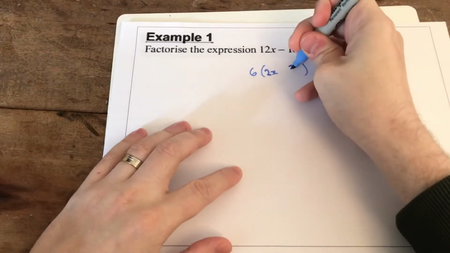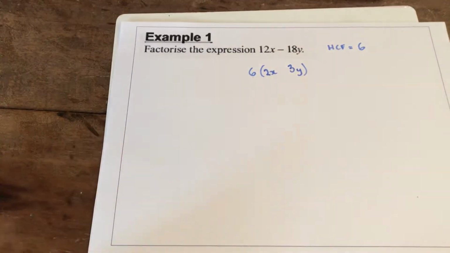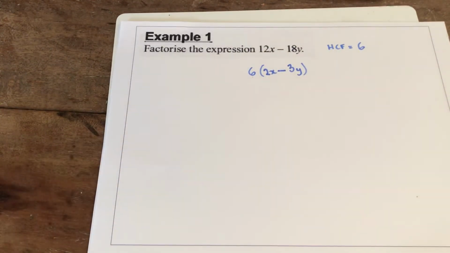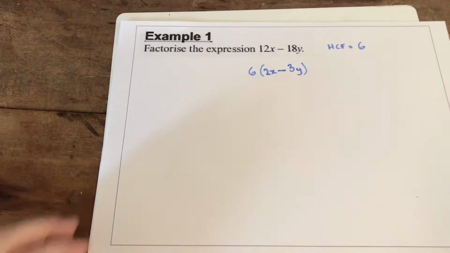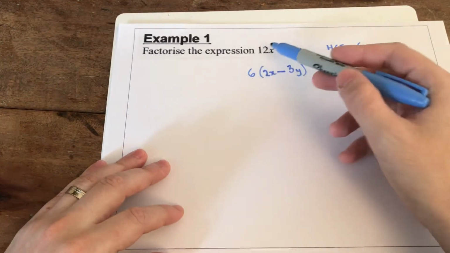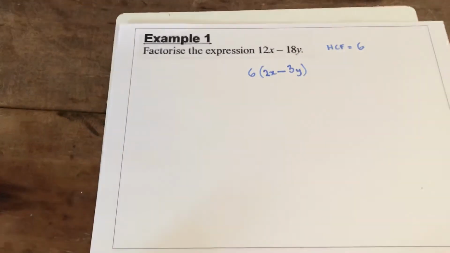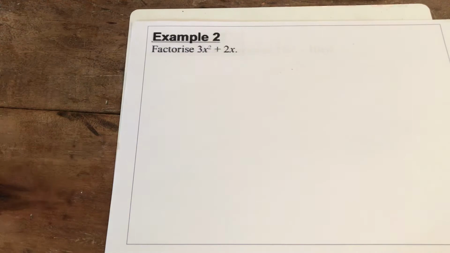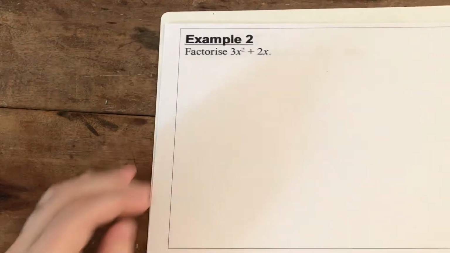I multiply it by 3y. And then I put my sign in the middle. I'm factorising in the single bracket because there is a common factor in both of these terms that makes it easy to do that.